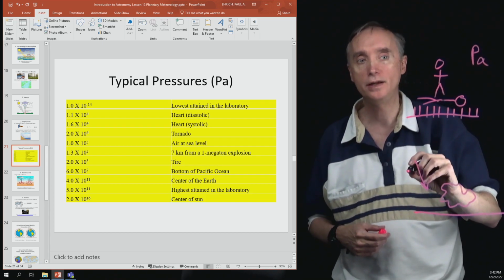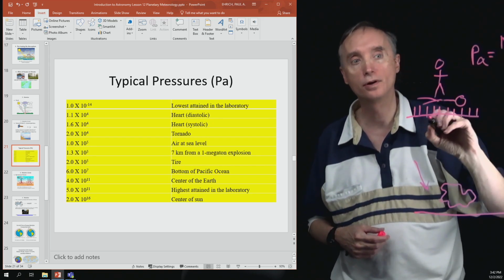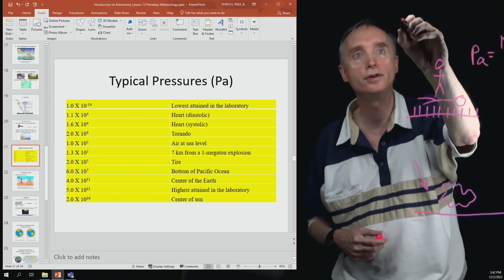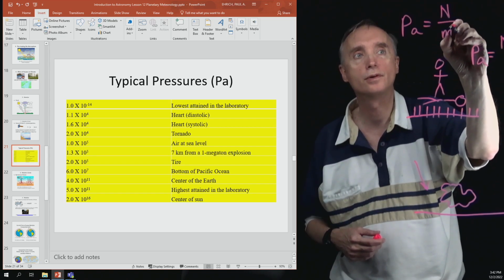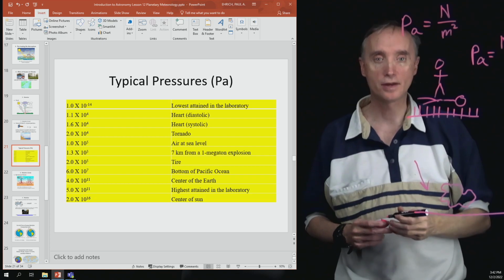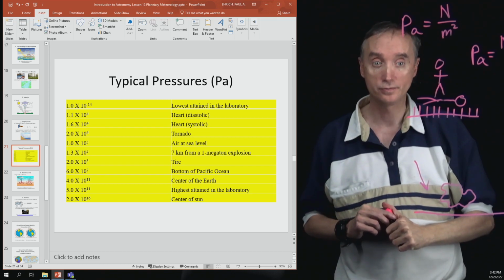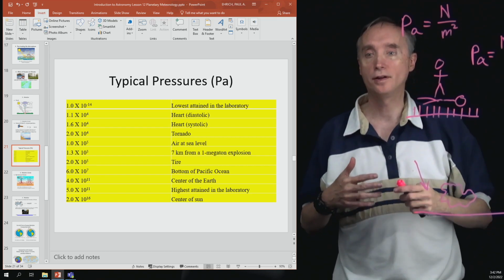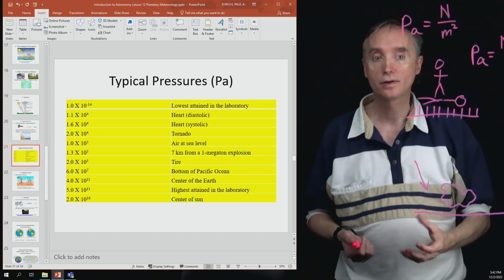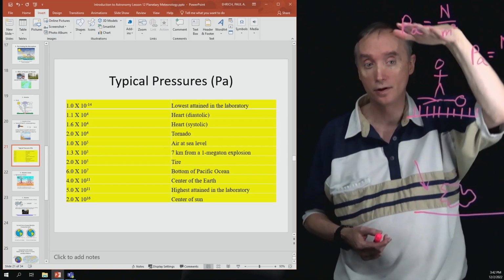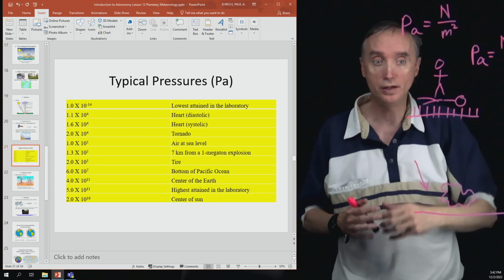So 1 Pa is equal to a newton per meter squared. Pascal equals newton per meter squared. So it's the same thing. That's the official metric unit for pressure. When we say that you're feeling a pressure of 1 atmosphere, that means you're feeling the weight of the entire atmosphere of the Earth pushing down on you on a 1 meter by 1 meter area.